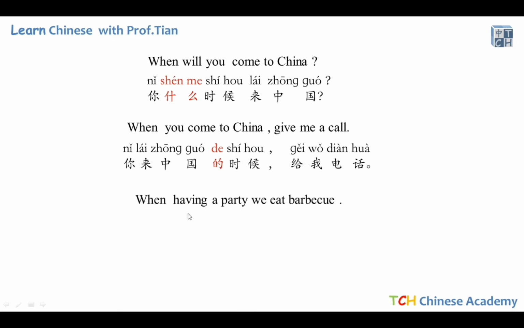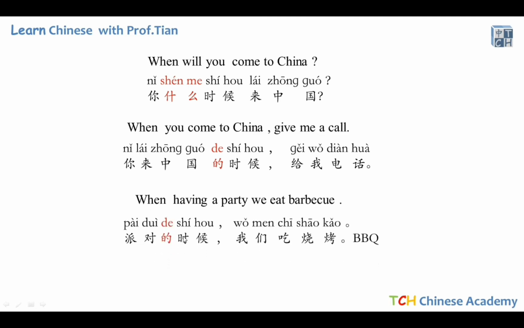Also the statement when, something something 的时候, 派对的时候，我们吃烧烤. And we also say BBQ. 派对的时候，我们吃 BBQ. 我们吃烧烤.